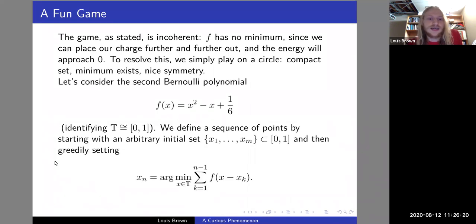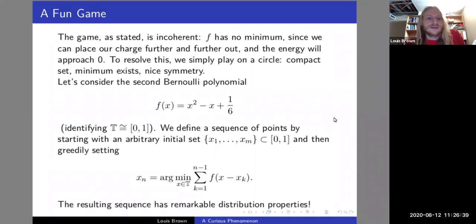And then we greedily set x_n to be the argmin of the sum from k equals 1 to n minus 1 of f of x minus x_k. So this is just finding the point that minimizes the energy, except instead of using Coulomb's law for the energy, we're using this function. And the resulting sequence is going to have just remarkable distribution properties.